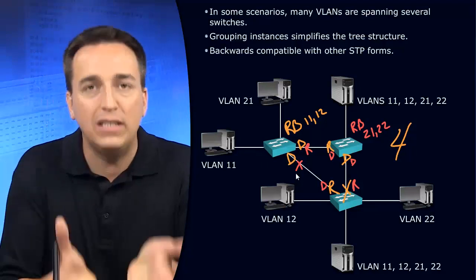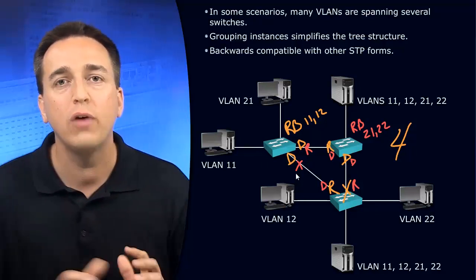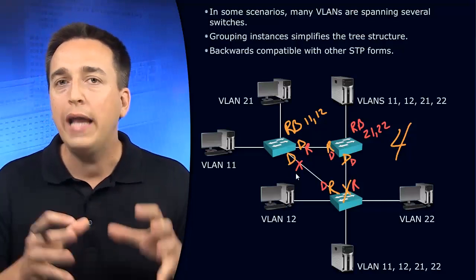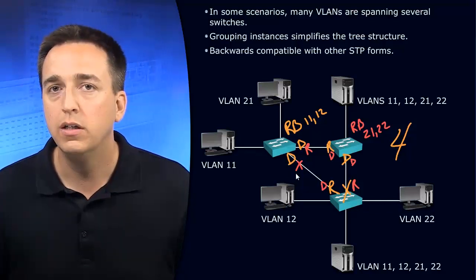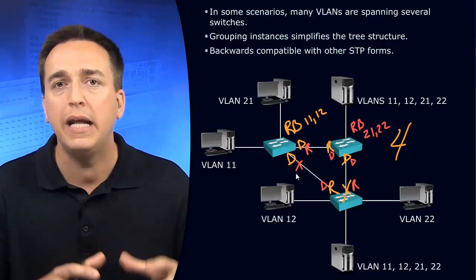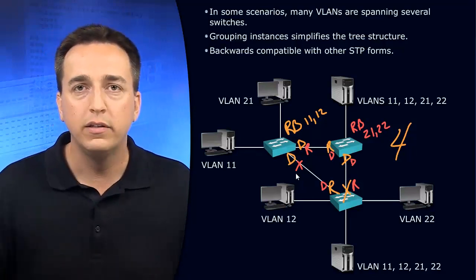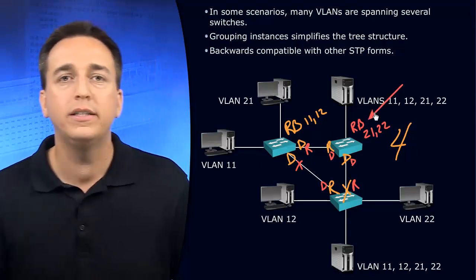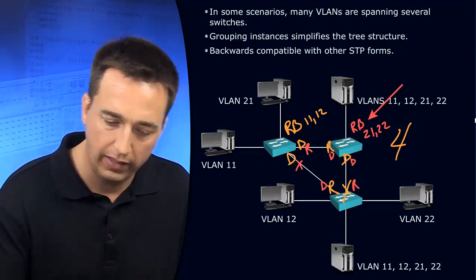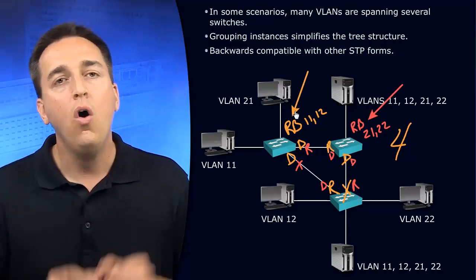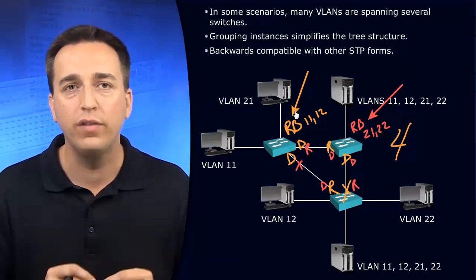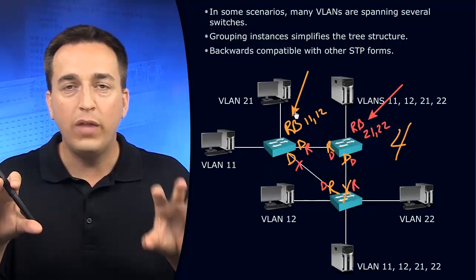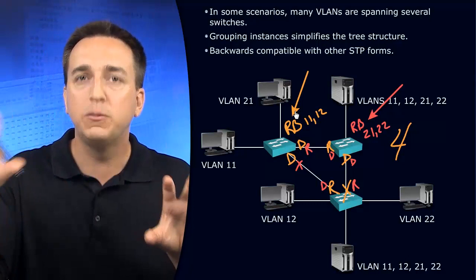So since we have these similar tree-like structures for various VLANs, why not group them together into the same spanning tree instance? Meaning, all the VLANs that are using this as the root bridge, and all the VLANs that are using this switch as the root bridge, why not have them in their own groups that are then associated with a spanning tree instance?